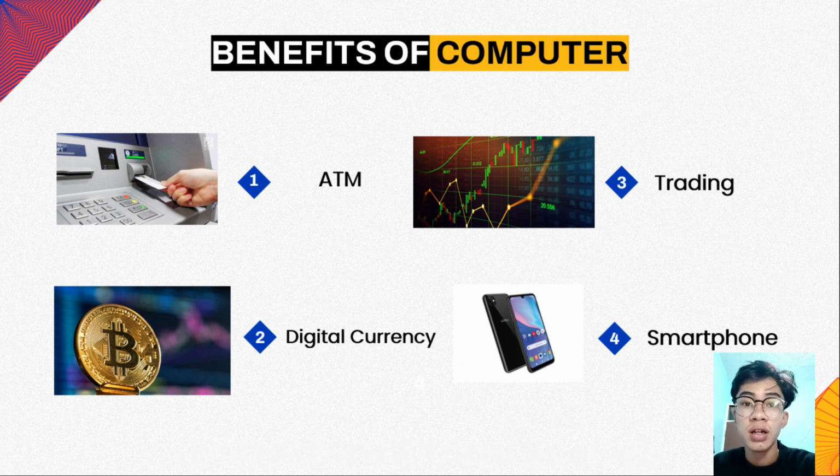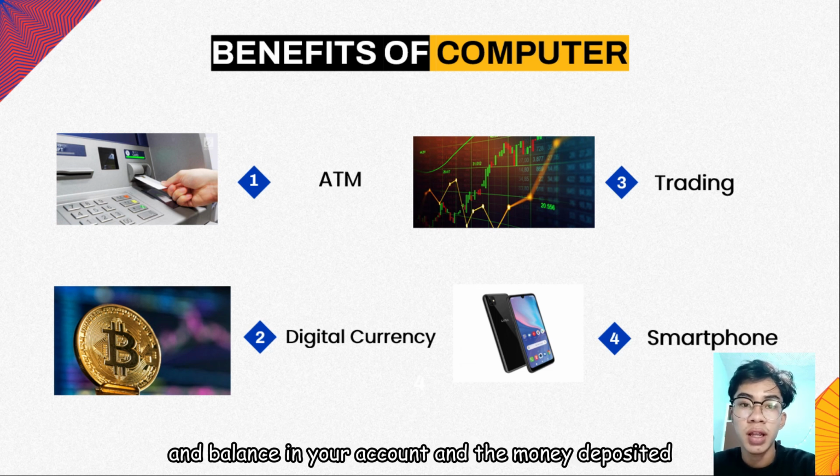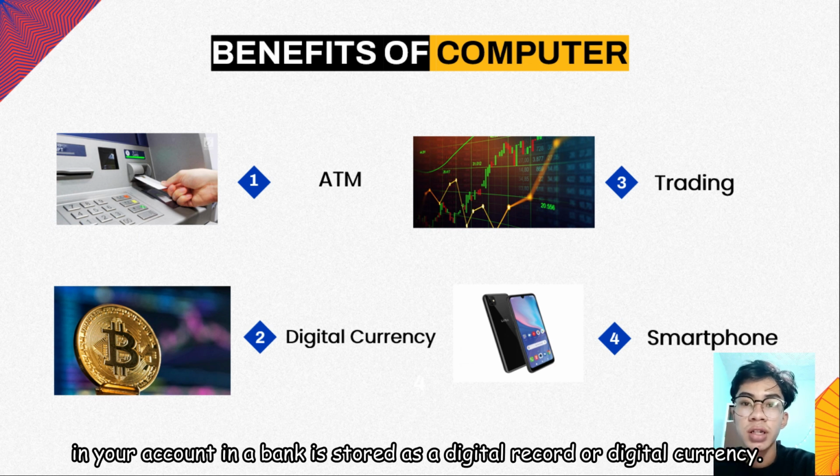Two, digital currency. A computer keeps a record of your transactions and balance in your account, and the money deposited in your account in a bank is stored as a digital record or digital currency.